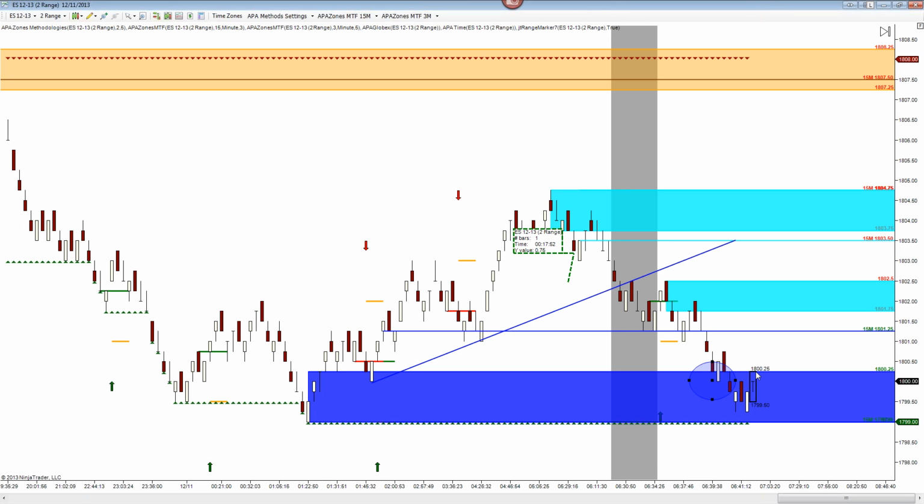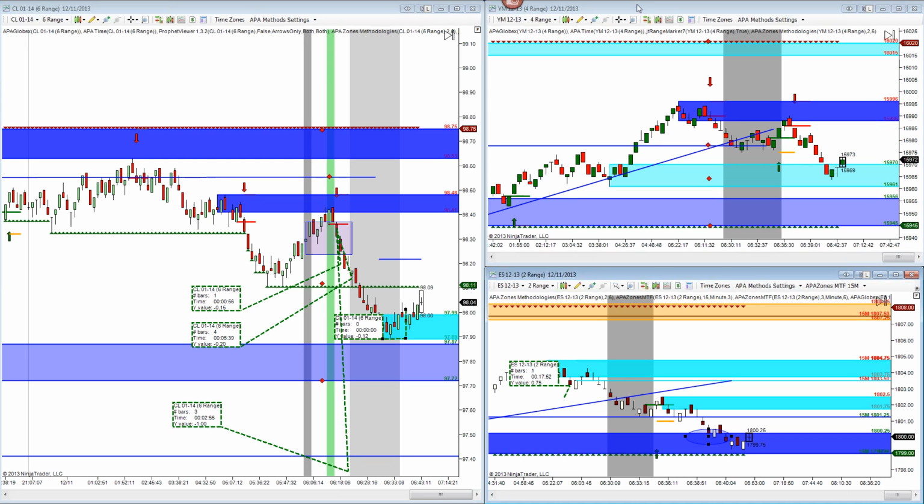So if this really does close at that price, then you would be able to get long at that point, according to where these signals are printing and how they're reacting to the zones.